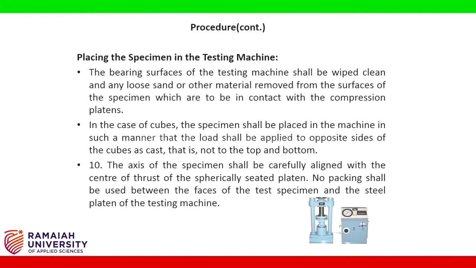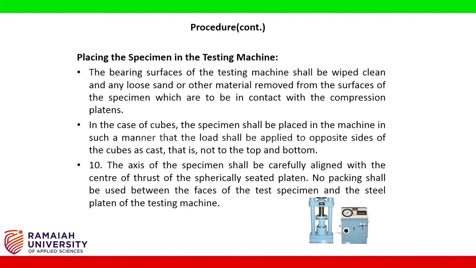Placing the specimen in the testing machine. The bearing surfaces of the testing machine shall be wiped clean and any loose sand or other material removed from the surfaces of the specimen which are to be in contact with the compression platens. In the case of cubes, the specimen shall be placed in the machine in such a manner that the load shall be applied to opposite sides of the cubes as cast, that is, not to the top and bottom.